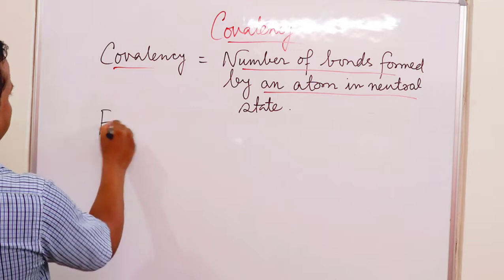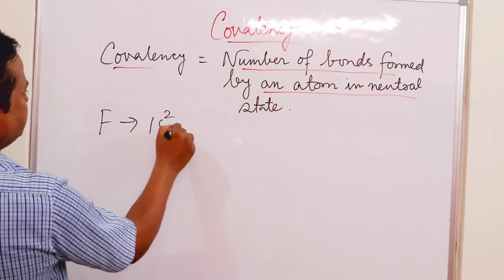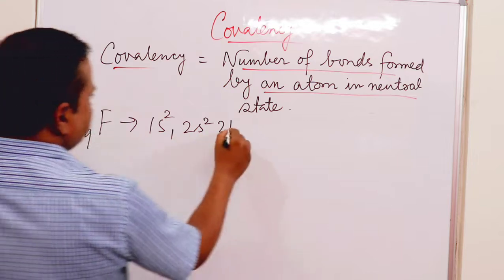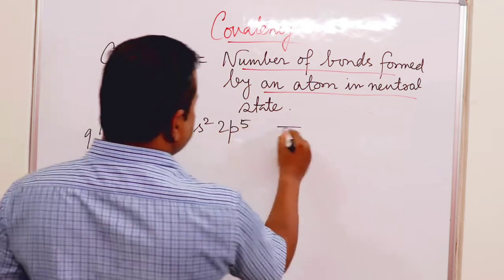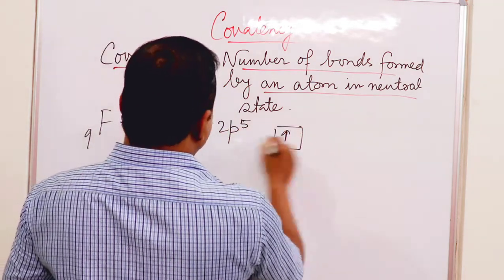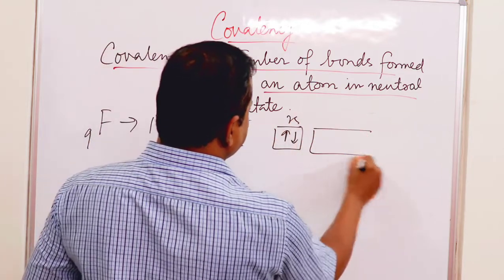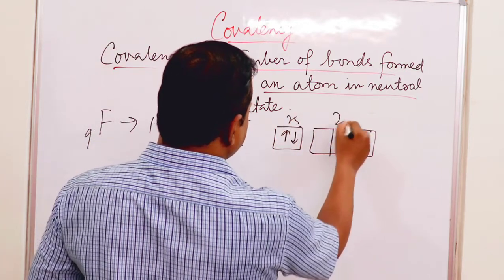Now let's move on to fluorine. Fluorine is 9, 1s2, 2s2, 2p5. I am writing the outer shell configuration, 2s, 2p.